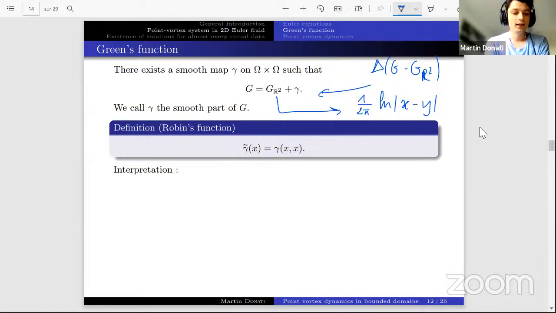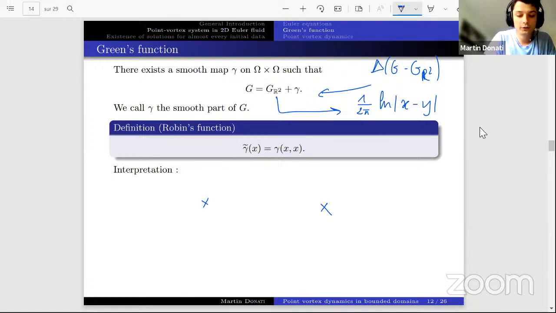Okay, so the singularity of the Green function is always the one of the Green's function of R2, the whole plane. And here we are also interested in the Robin function, which is the smooth part of the Green function evaluated on the diagonal. Okay, so I want to make a quick drawing to illustrate this decomposition. As we saw, the velocity is a convolution product of the Green's function and the vorticity.